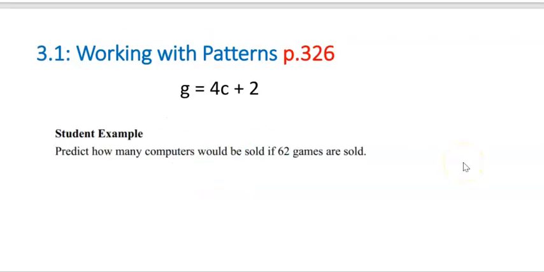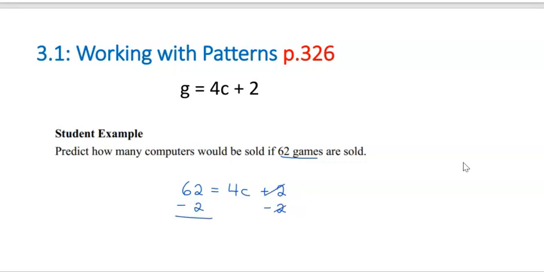If we look at the second student example, predict how many computers would be sold if 62 games are sold. Here we know about the games, so we're going to put that in where we have G in the equation. 62 is equal to 4C plus 2. We can solve for C. We've done our equation unit. This is a 2-step equation. We're going to subtract 2 from both sides.